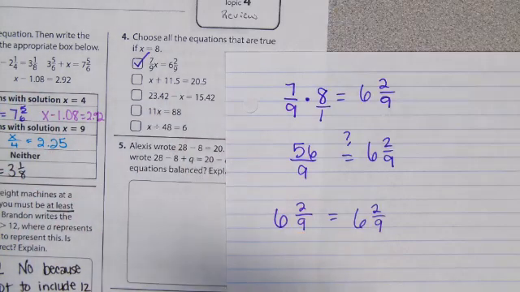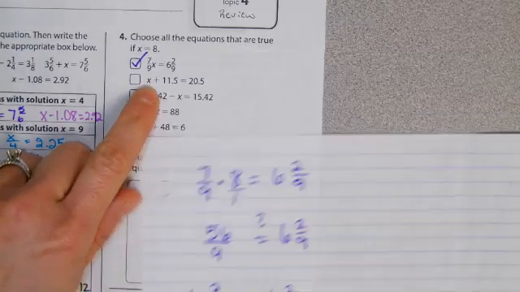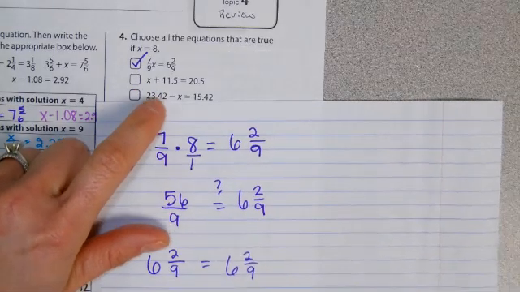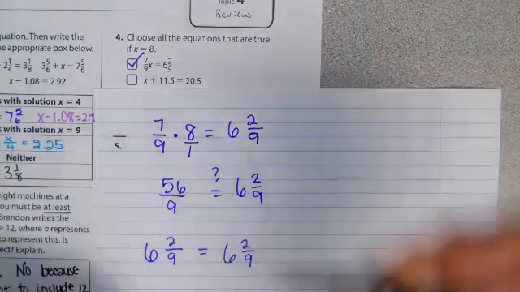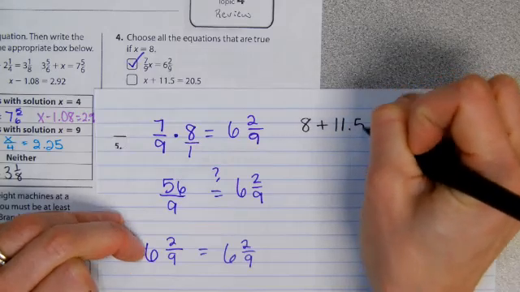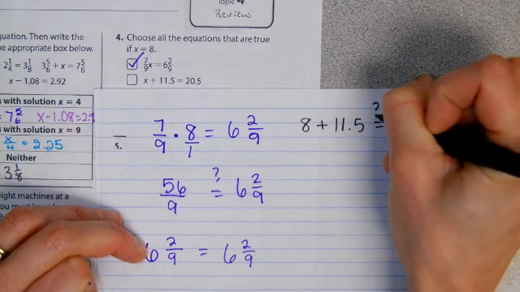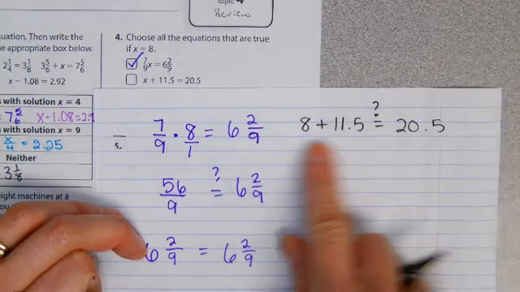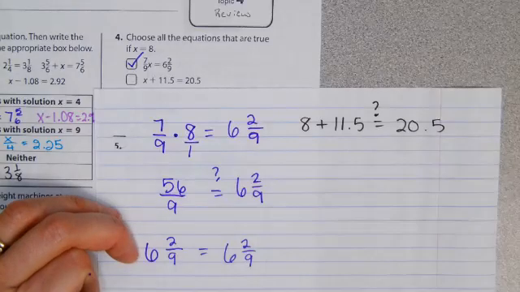The next one, we're going to substitute 8 in for x in this equation and see if it is true. So instead of x, I'm going to write 8 plus 11.5 equals 20.5. Again, we're seeing, is that true? If I add 8 to 11.5, do I in fact get 20.5?